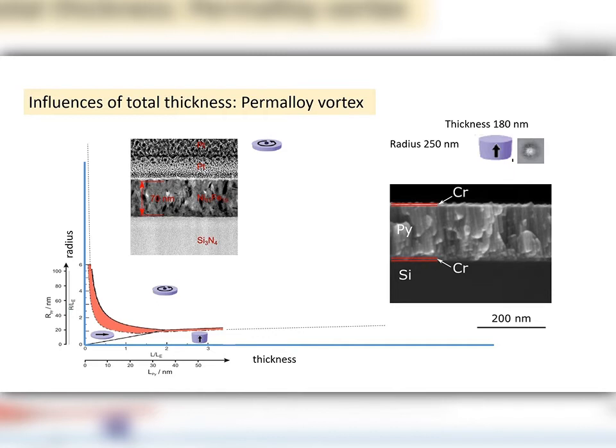And this means that with increasing thickness the anisotropy is so high that you find no vortex for more than a thickness of, let's say, 150 nanometer. This is well known. This is an old story. This shows you that not only the interfaces, but also the inside grain boundaries, will influence your magnetic parameters very strongly.